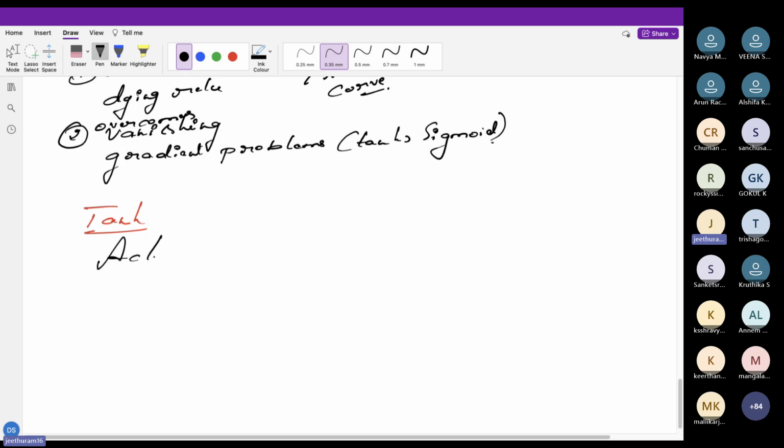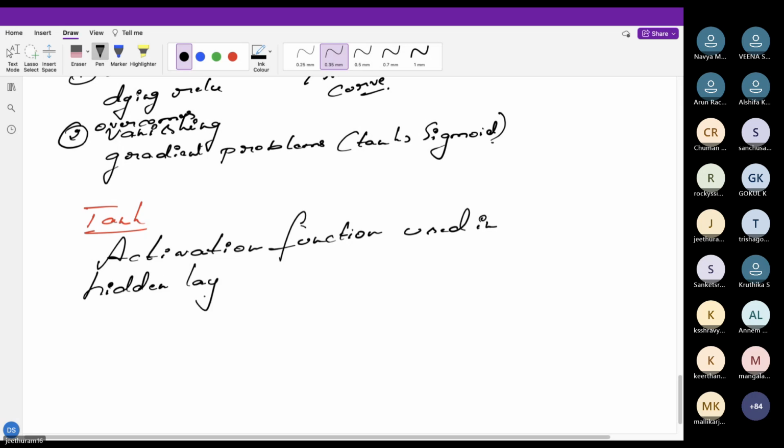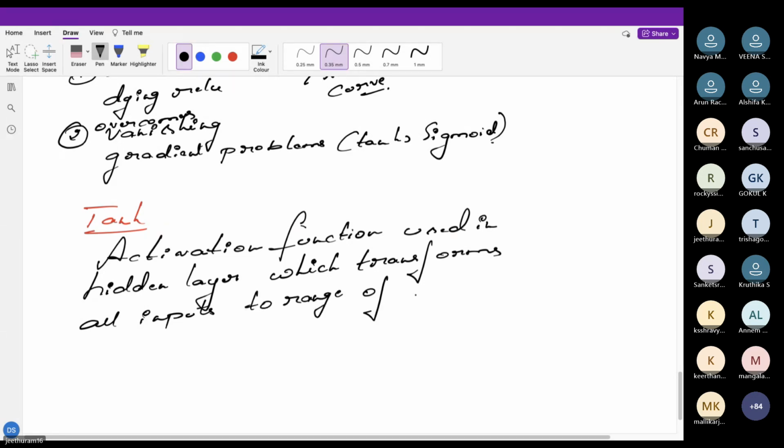So it's an activation function. Whatever inputs you have, it transforms everything to a range of -1 to +1. That's the range of tanh.